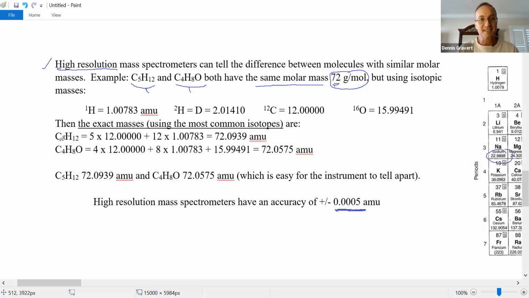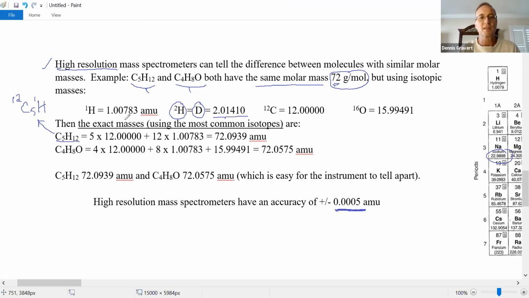Using exact masses, meaning, hey, for C5H12, what's most likely is that all 5 carbons will be of the most common isotope of carbon, carbon 12. And the hydrogen, the most common form is H1. Just for laughs, I put up here hydrogen, the second isotope of hydrogen, H2. It's also known as deuterium. Here's its exact mass.